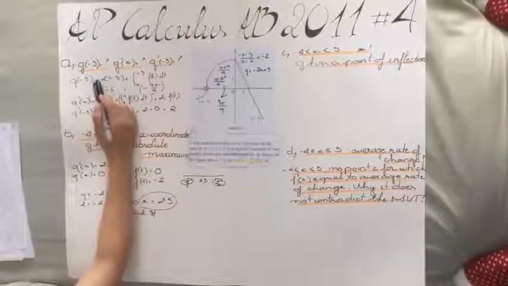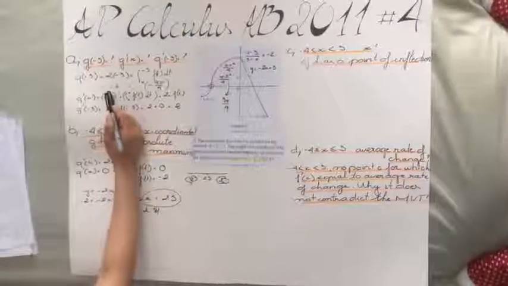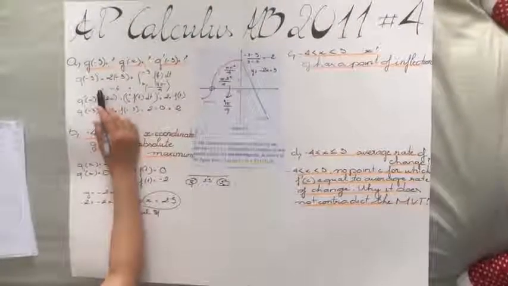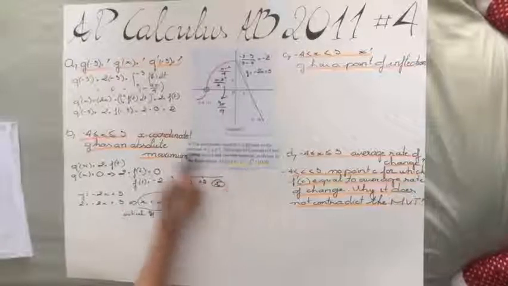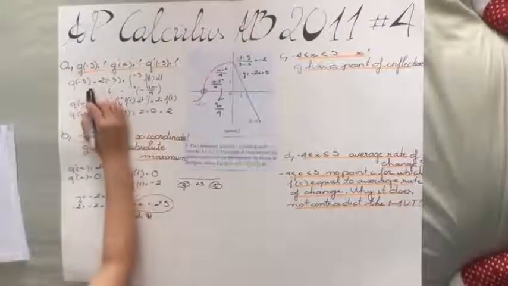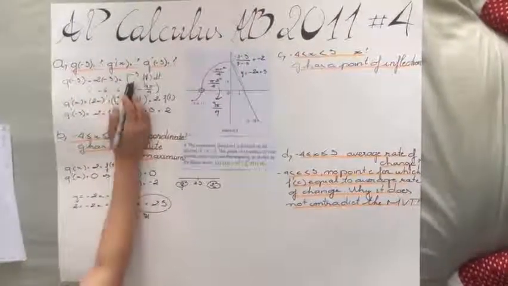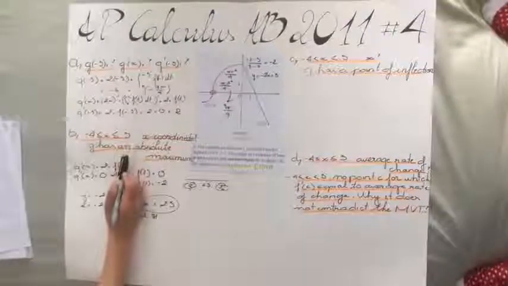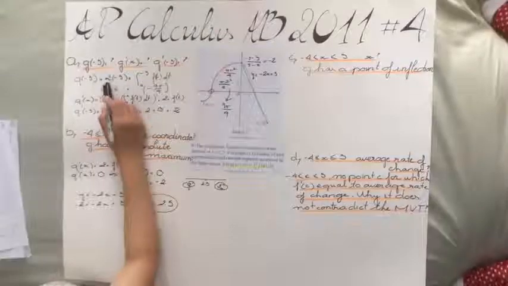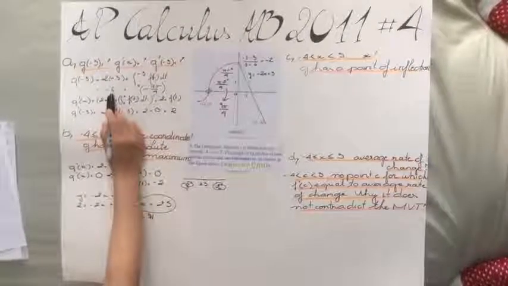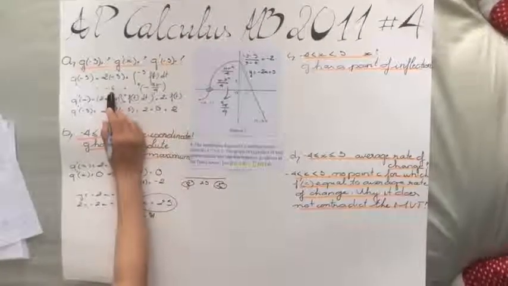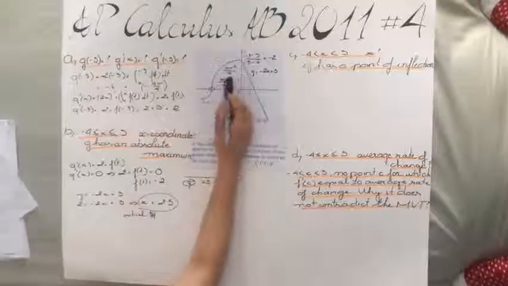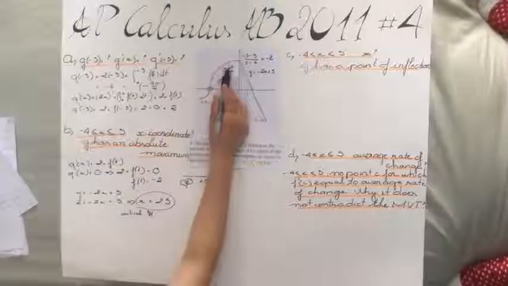For g of -3, we can just apply x equal -3 to the g of x function. So we have g of -3 equal to 2 times -3 plus the integral from 0 to -3 of f of t dt. We have 2 times -3 is -6. And we know that the area of a circle is equal to pi r squared.